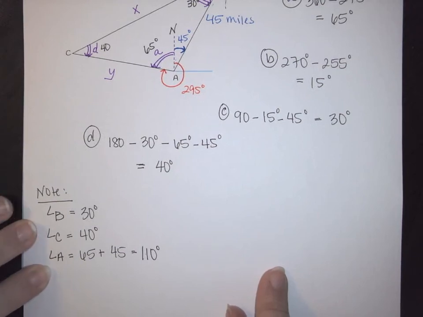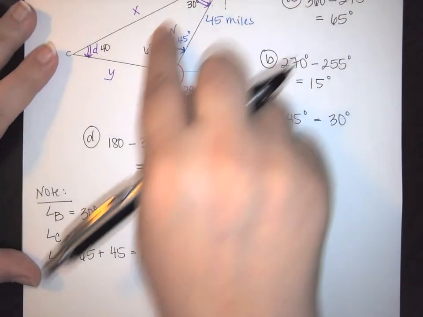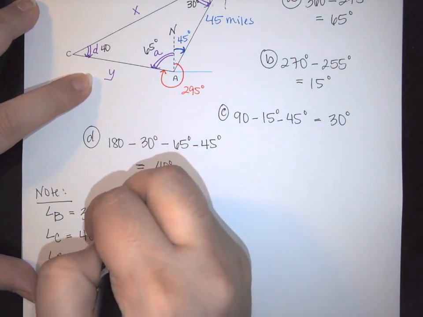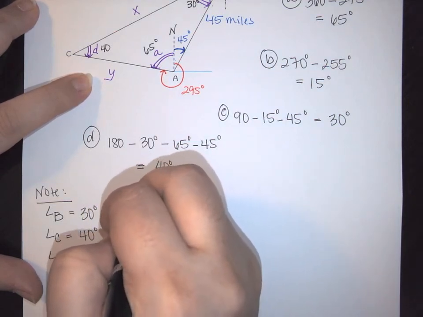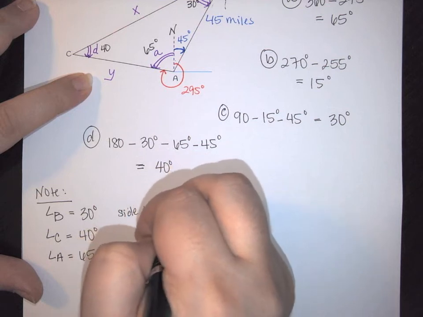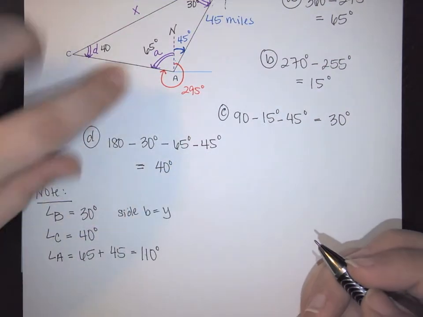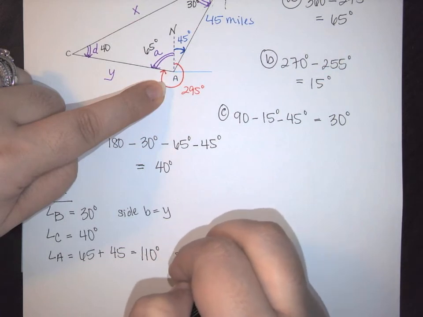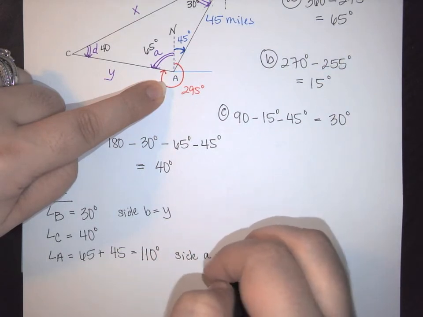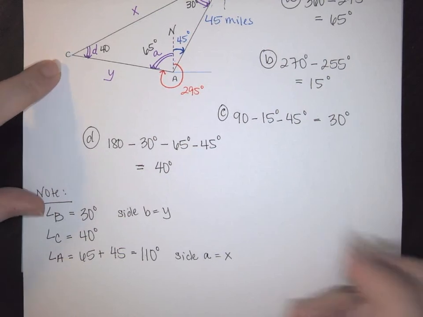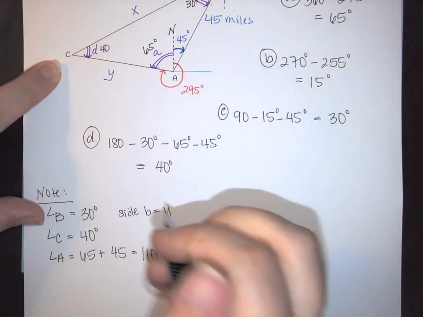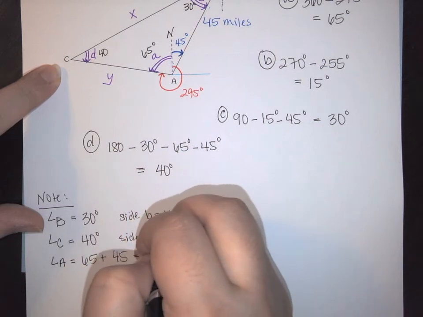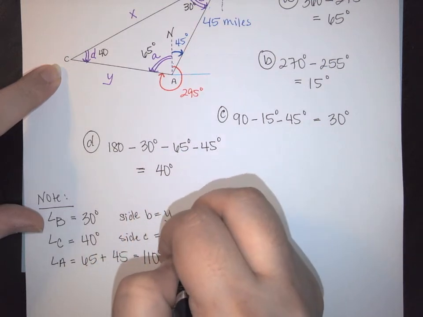Now, to go with them, the opposite of angle B says that side B is equal to y. I don't know it. Opposite of angle A says that my side A is unknown. And the opposite of angle C says that side C is equal to 45 miles.